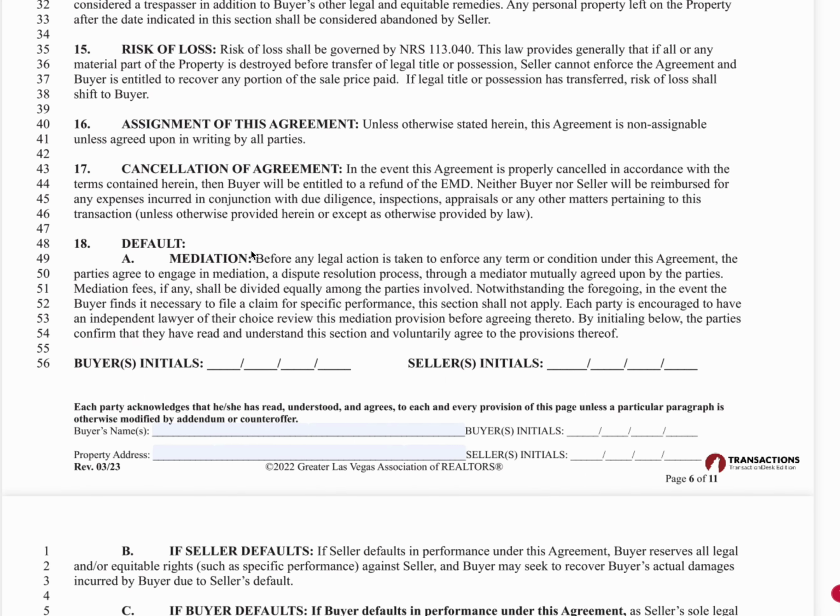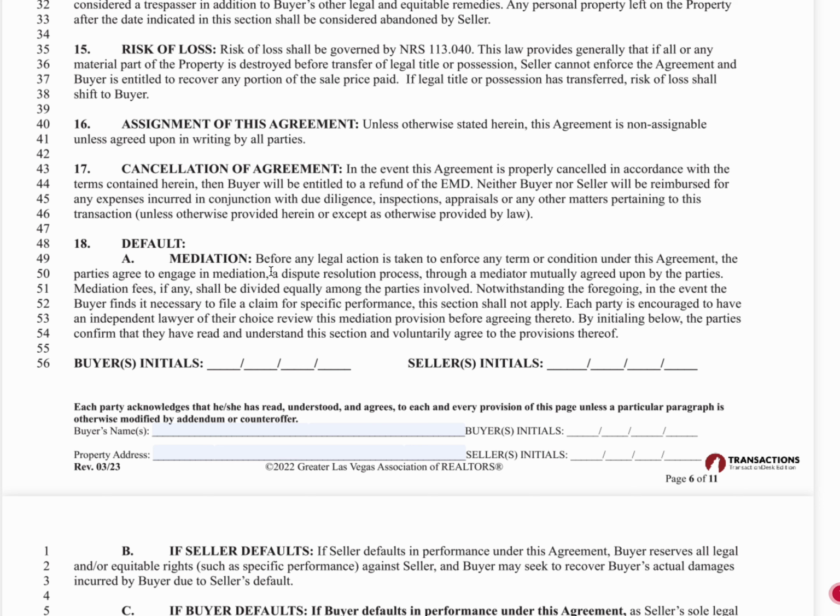Mediation: if there's any conflict between today and when we're going to close, and someone cancels or whatever the case is, we are going to go in front of a mediator, so then we could try to reach some sort of understanding, like if you cancel and they want to keep your earnest money deposit, and we try to resolve these things.